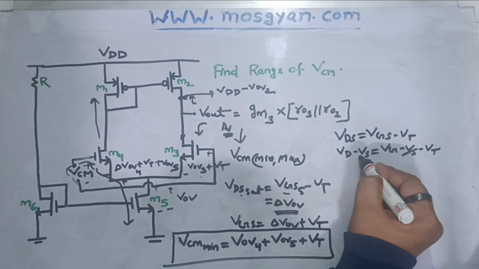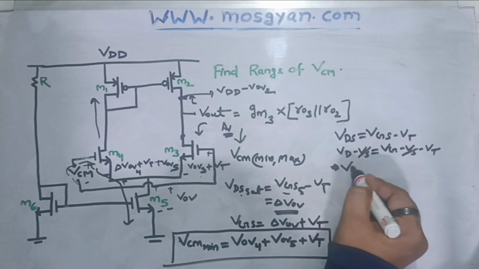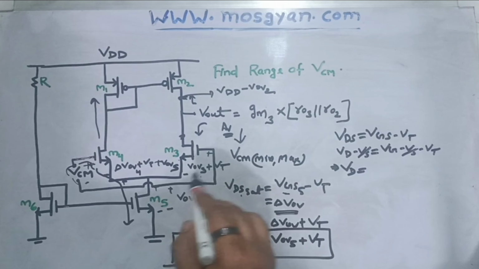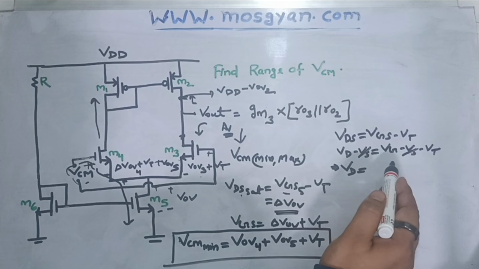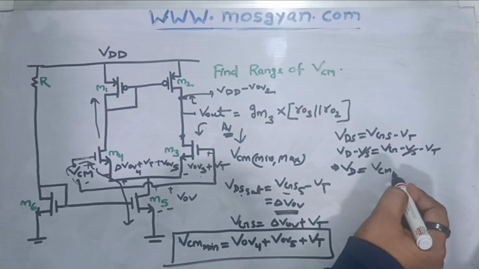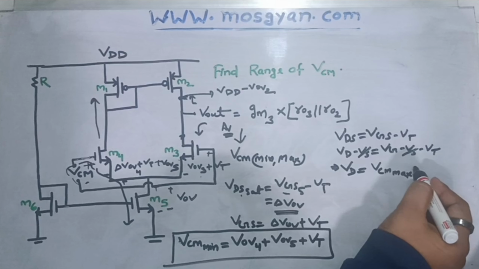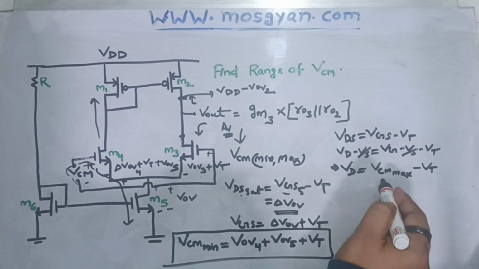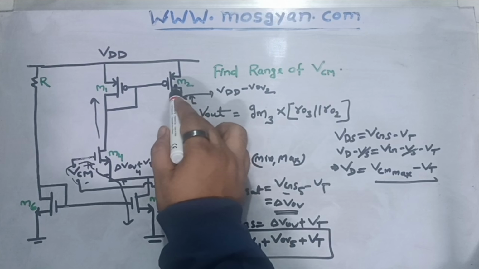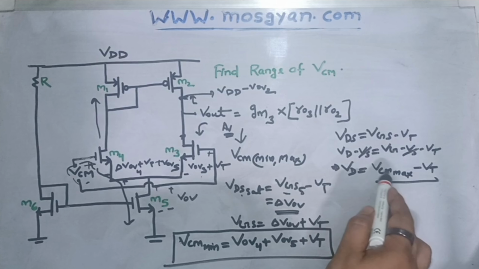Now VS will get cancelled out. VD we need to find out, because we need to equate this with this. Gate voltage is nothing but the input VCM max which we are trying to find out right now, and VT is VT. So if I equate this value with VDD minus overdrive of this MOS M2, I can find out the VCM max, right?